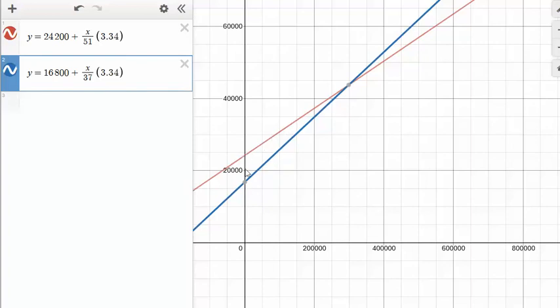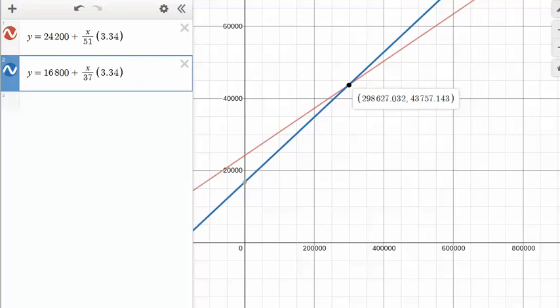Of course, it's more expensive when I first buy it, but because of the cost of gas, that expense is getting closer and closer until there's my break-even point. So when I'm close to 300,000 miles, I will have spent close to $44,000 combined between the cost of the car and the gas. And then at that point, the initially more expensive car would become less expensive if you're just thinking about cost and gas.